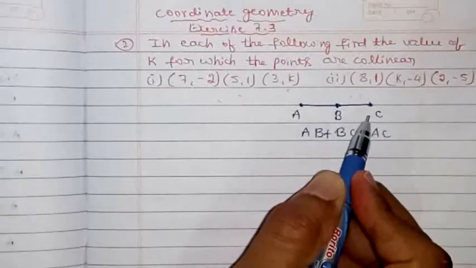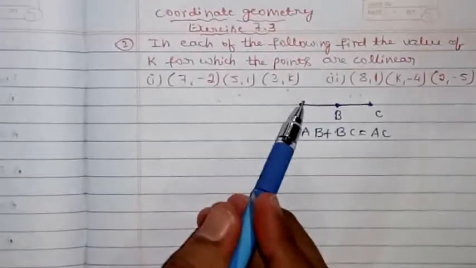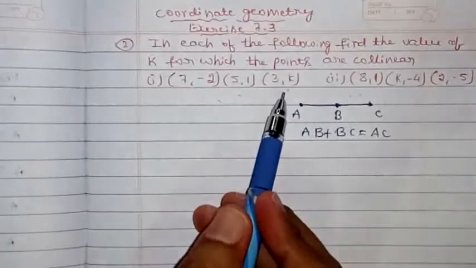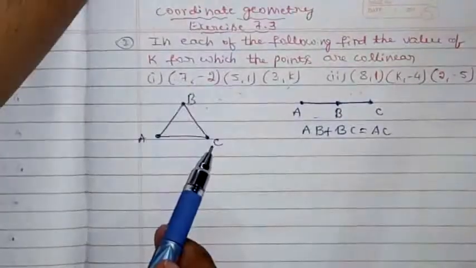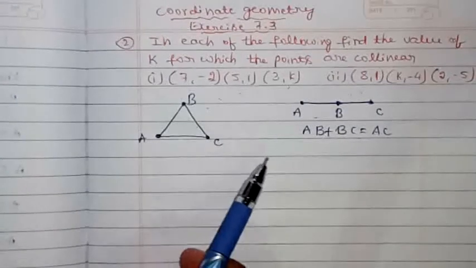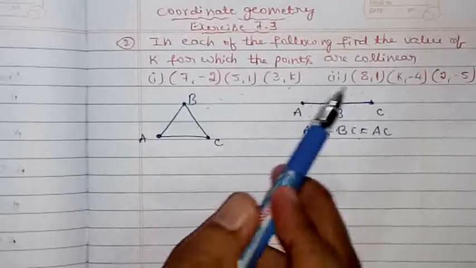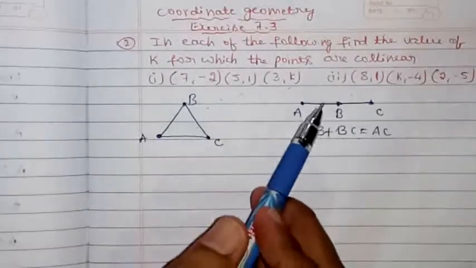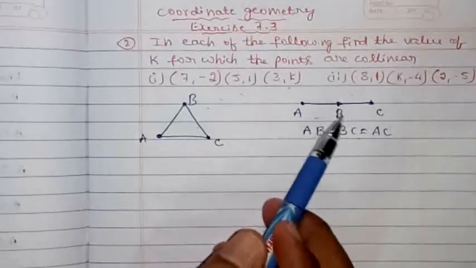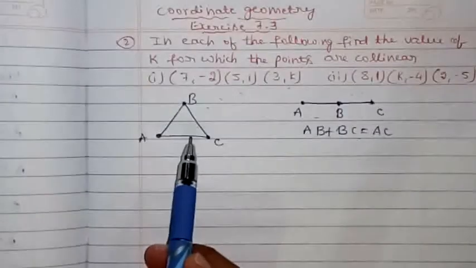If this condition is satisfied, then you can say these points are collinear points. Now here, just observe, you are solving problems based on the area of a triangle. If the area comes out to be 0, it means the 3 points are collinear. They lie in a straight line and do not form a triangle, right children?